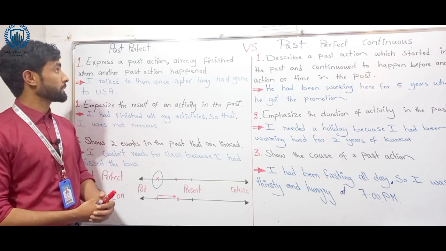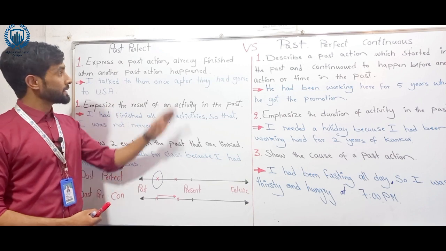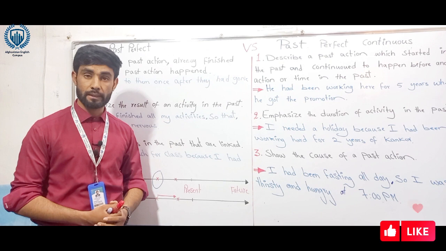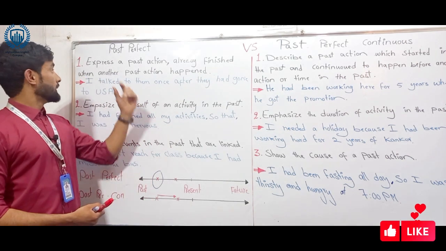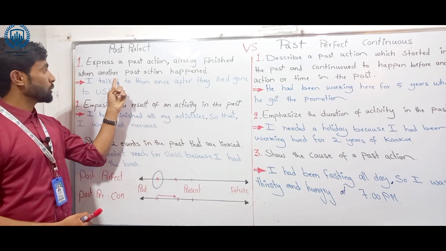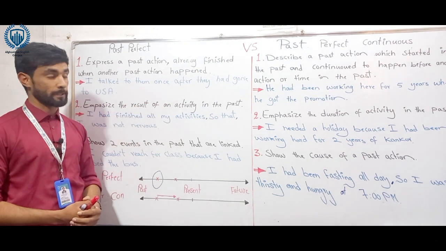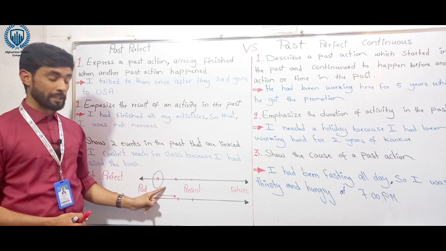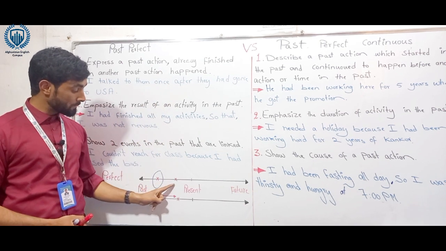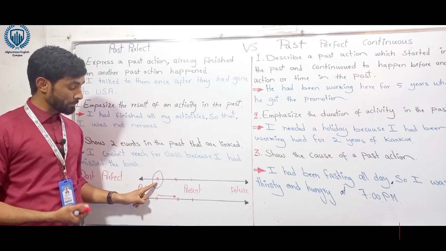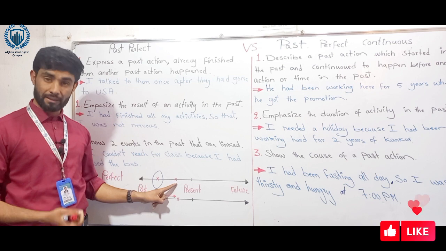Let's talk about them. This side is past perfect and the right side is past perfect continuous. Past perfect expresses a past action already finished when another past action happened. If we show this definition on a timeline, here I have two actions in the past: the action which happened first, and the action which happened second.